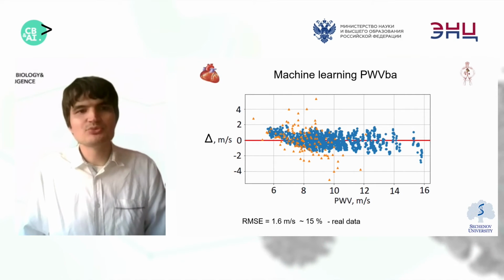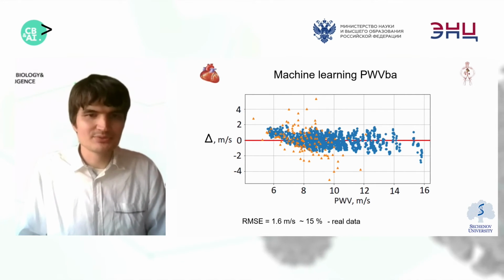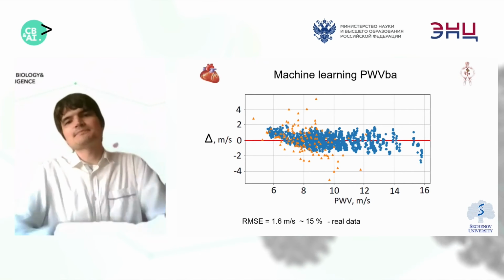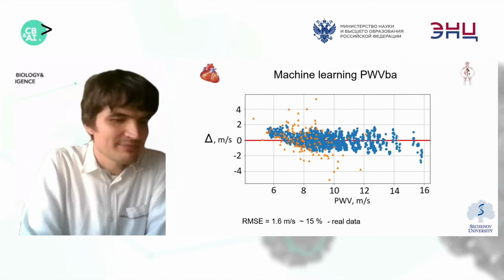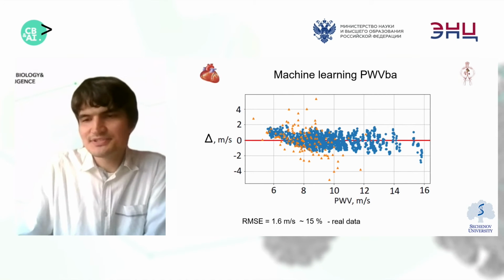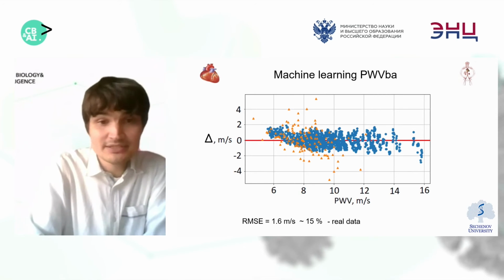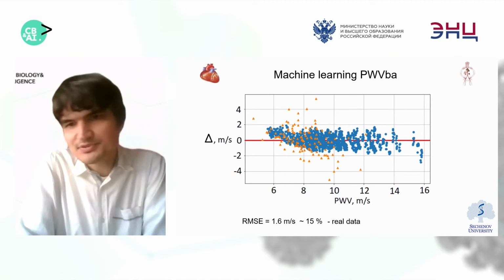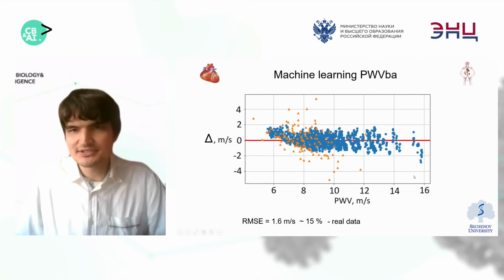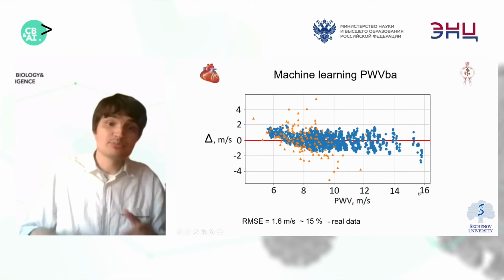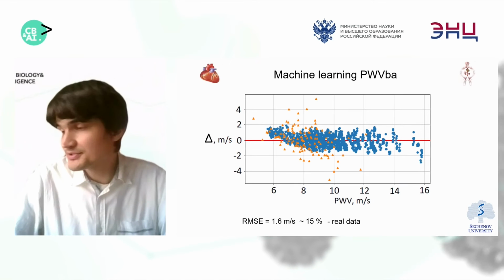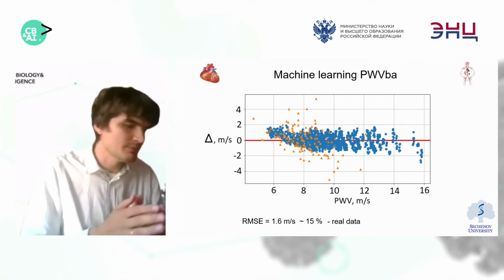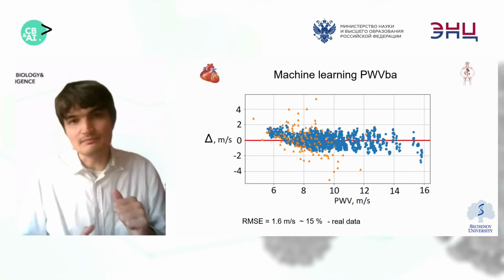So we managed to predict pulse wave velocity with an accuracy of about 15%. And I have to say that 15% may sound like bad accuracy, but actually it's not that bad because pulse wave velocity normally ranges from 6 meters per second to 16 meters per second. If we can predict it with an accuracy of 15%, it means we can distinguish at least high pulse wave velocity from low pulse wave velocity.